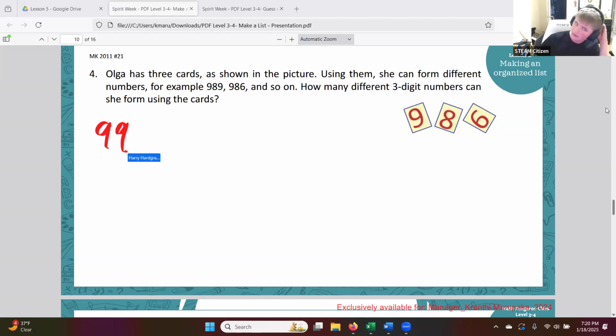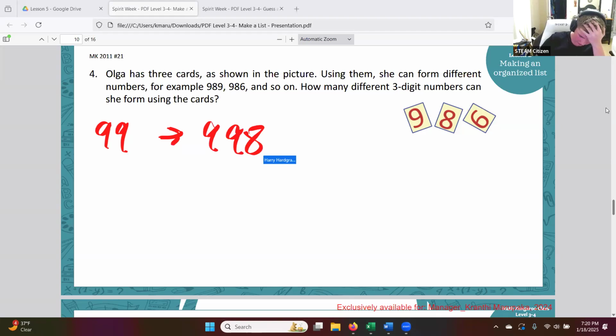And then reasonably speaking, you know that you can't use a 6 after those 9s because the 6s have already been used over here, because you flipped the 6s upside down. So the only number you can create with 9 9 is 998.